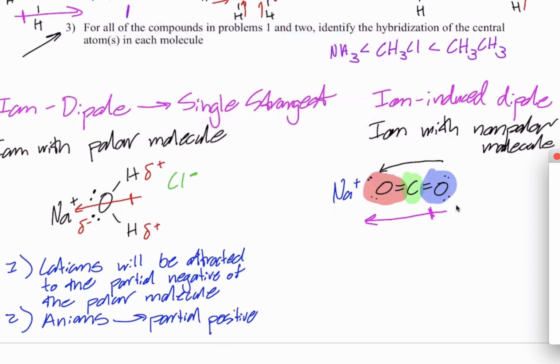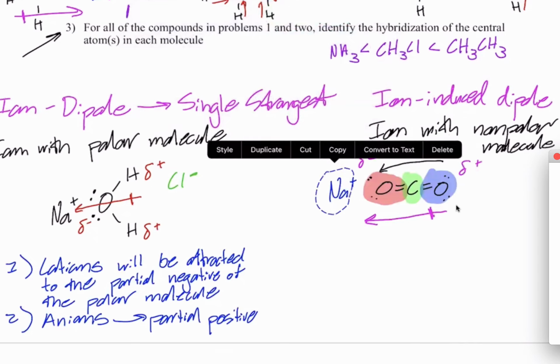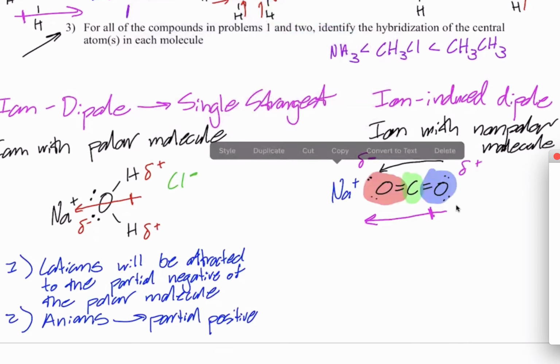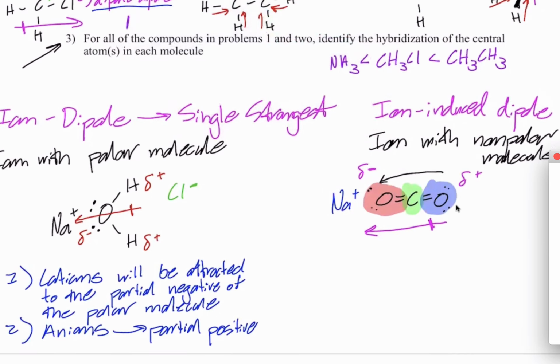Now there's a partial negative end and a partial positive end, and that's further attracted to that positive cation, right? That positive cation is attracted to that partial negative there, okay?